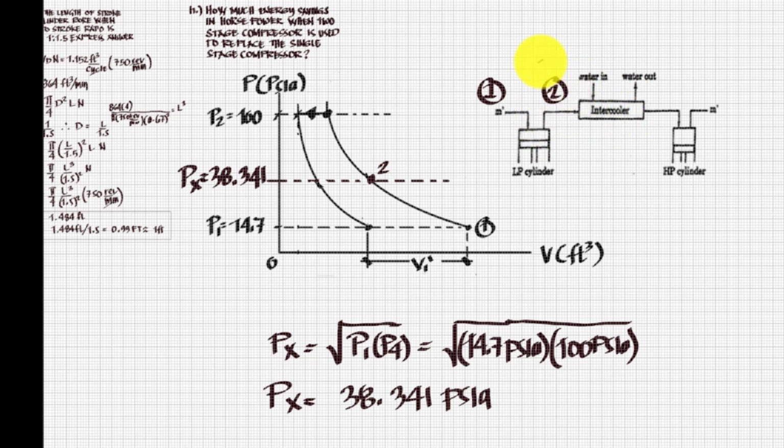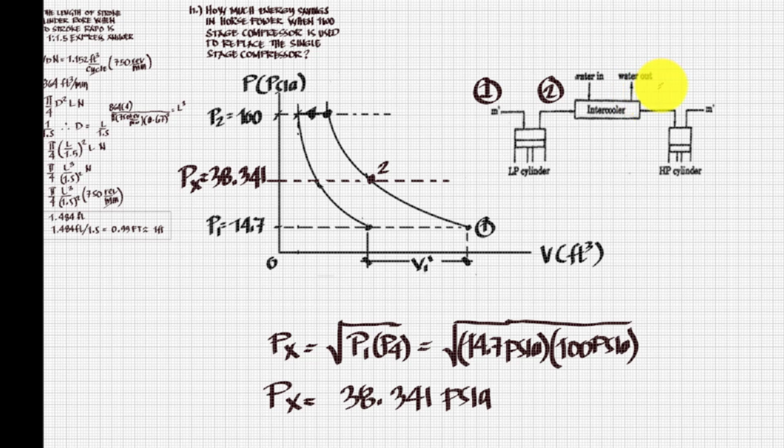Eventually, if you compress the gas, from the basis of PV=mRT and the gas laws, it will raise the temperature if you compress the gas. But we have an intercooler to cool the gas, so that we have a minimum work for the high stage compressor.